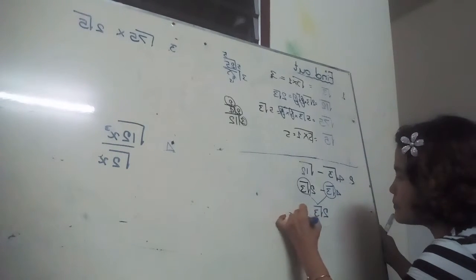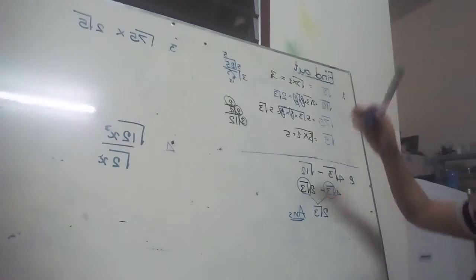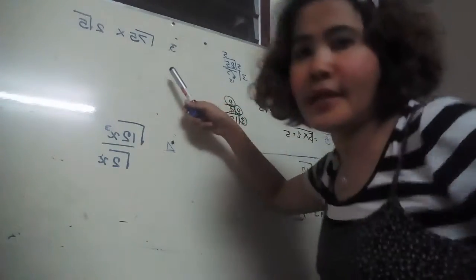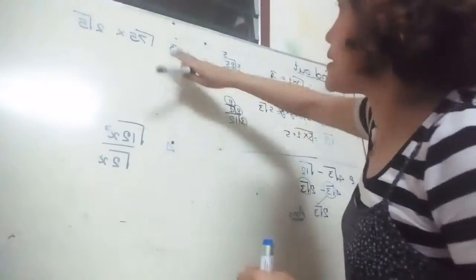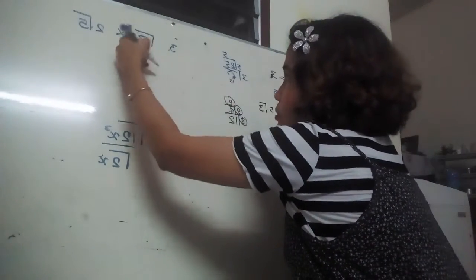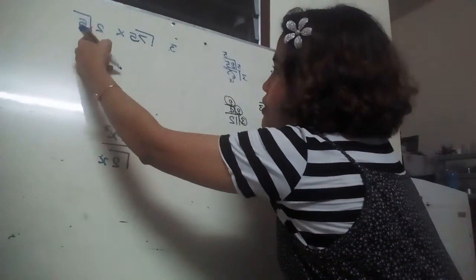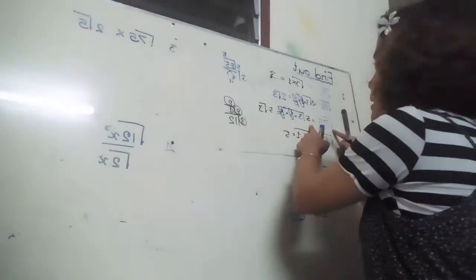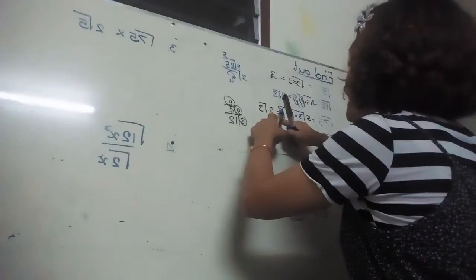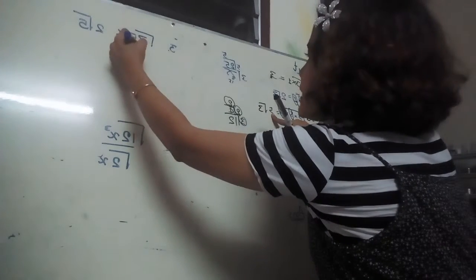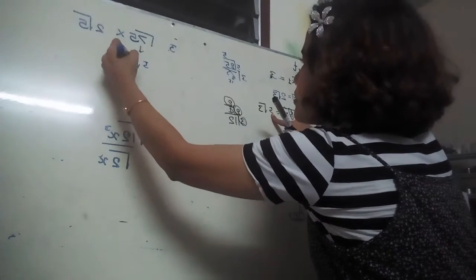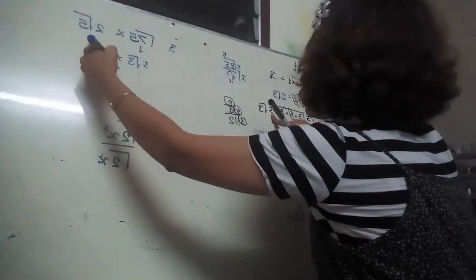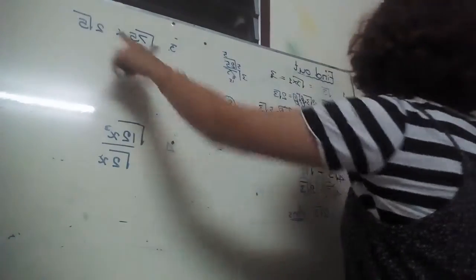Answer. Easy. And then how about this one, the square root of 75 times 2 the square root of 5. For 75, look at this one, the answer is 5 the square root of 3. You just write down 5 the square root of 3 times 2 the square root of 5.